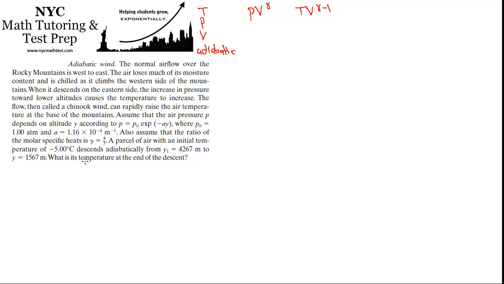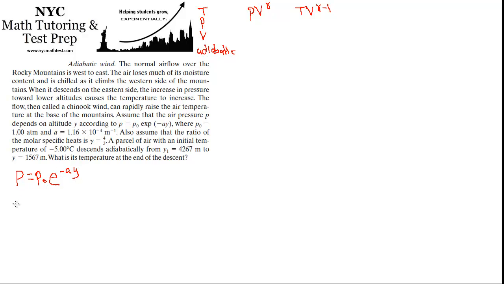We have a wind going over the mountain. We know that the formula for the pressure is given by this function that depends on the altitude, the initial pressure, which is atmospheric pressure, and this constant a, which we've been given. And we've also been given the altitudes at these two states, y1 and y2. So let's write this down. We have this formula, P equals P0 e to the negative ay.